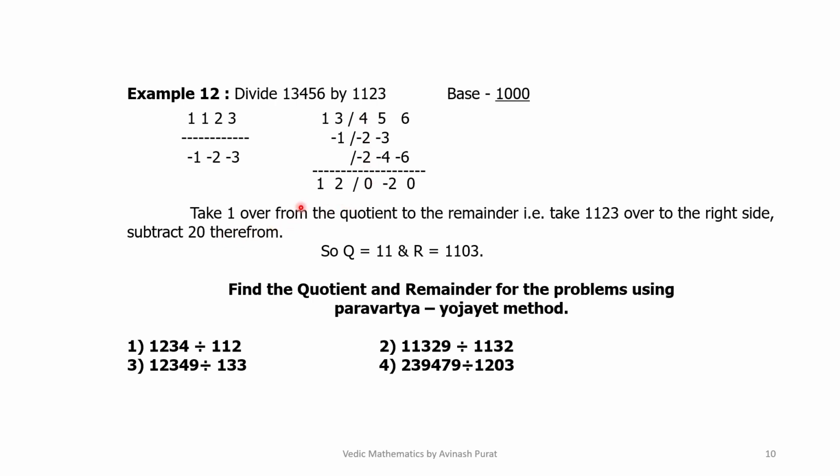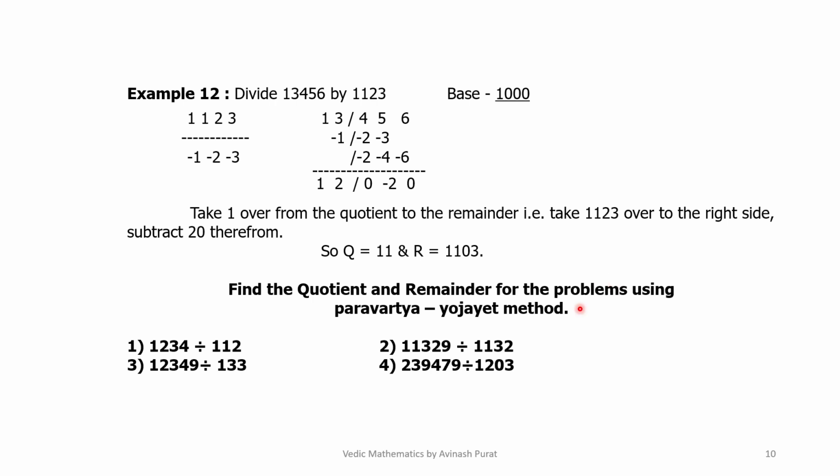Take 1 over from the quotient to the remainder, that is take 1123 over to the right side, subtract 20 therefrom. So quotient is 11 and remainder is 1103.